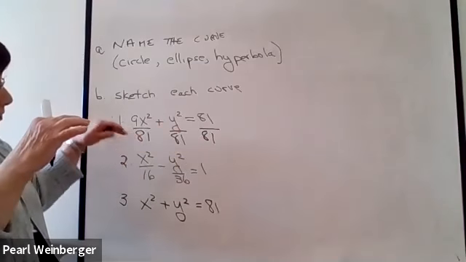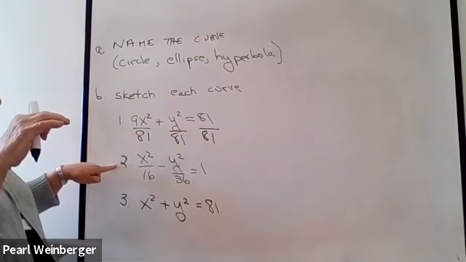Because I did the working out and I had 1/9 x squared plus 1/81 y squared, and I made it equal to 1. And then I had the x squared over 9. What she did is she put this in standard form.